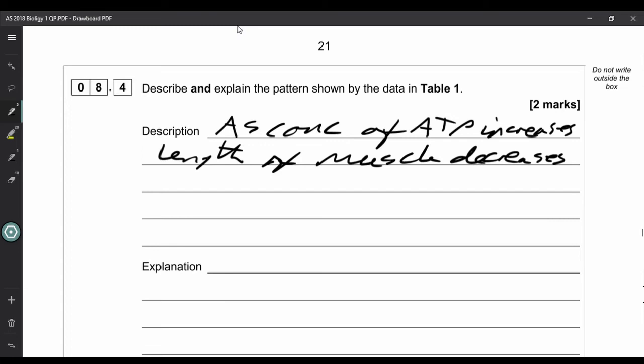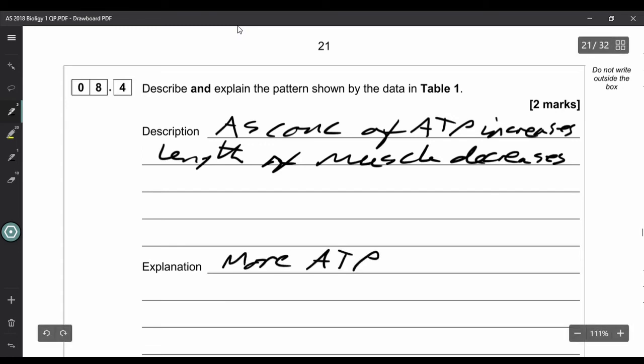So the explanation we can put for this is more ATP is hydrolyzed by ATP hydrolase.